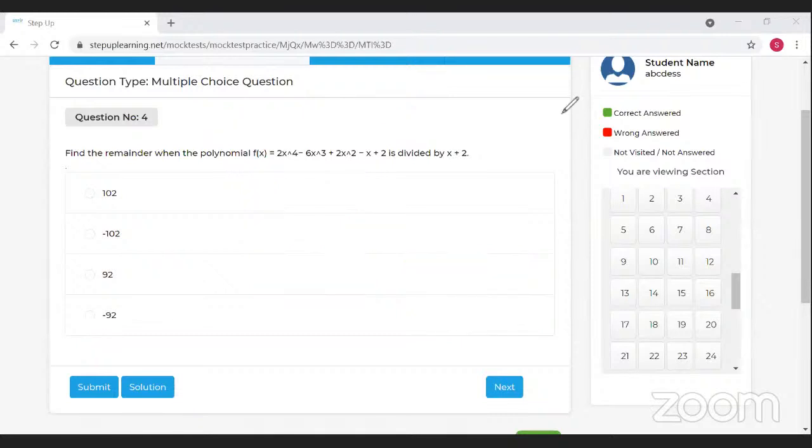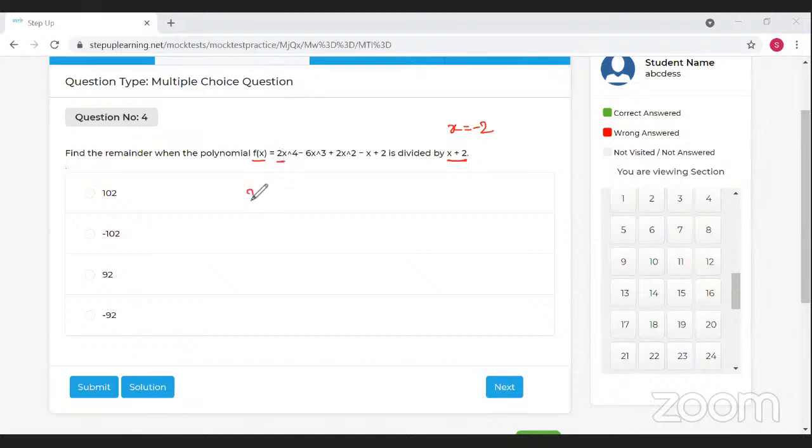Okay, what would be the answer for this one? 92. What we need to do is find the remainder when the polynomial is divided by x plus 2. It means x is equal to minus 2, so we substitute minus 2 in place of x.